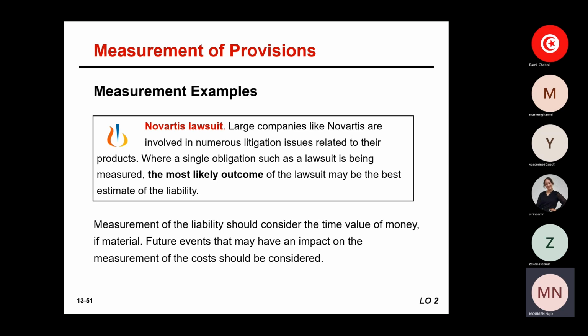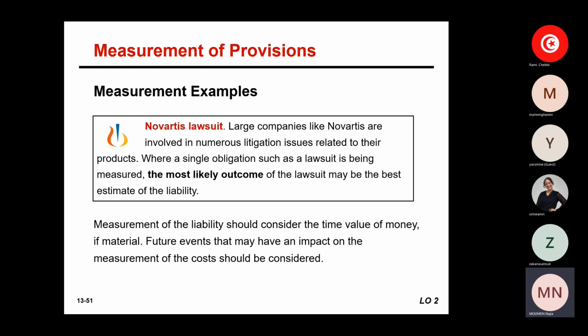But if you are talking about short-term provisions, in general, for short-term liabilities, this time value of money is not taken into consideration. Okay, so we are not making this discounted present value measurement, etc.